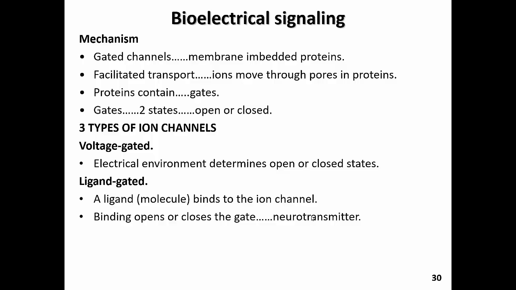When we talk about the chemical synapse, which exists between one neuron and another neuron, or a neuron and a muscle cell, what is the mechanism for that communication? It's chemical in nature. The first neuron will release a neurotransmitter, a chemical compound, and that chemical compound will form a chemical bond with the protein on the second cell, whether it's a neuron or a muscle cell.